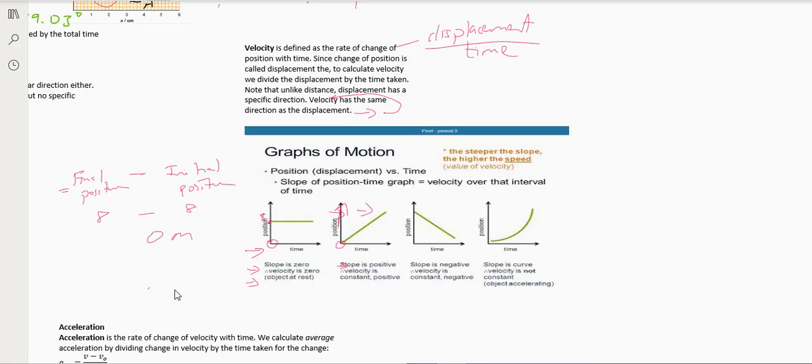Now, as regards the velocity, here it is constant, meaning that for every second I travel, I cover the same amount of distance, in a uniform way, so to speak.